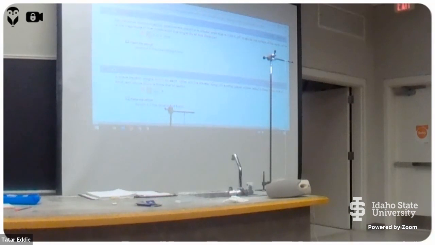So his weight on Earth, W1, is the gravitational constant, the mass of the planet Earth, call it ME for Earth, times his own mass divided by the radius of the planet Earth, squared.